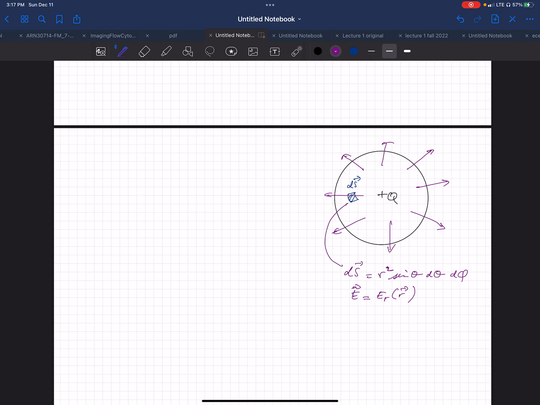The reason for the sub r is that, because the charge is at the center of the sphere, the E field only has a radial component.